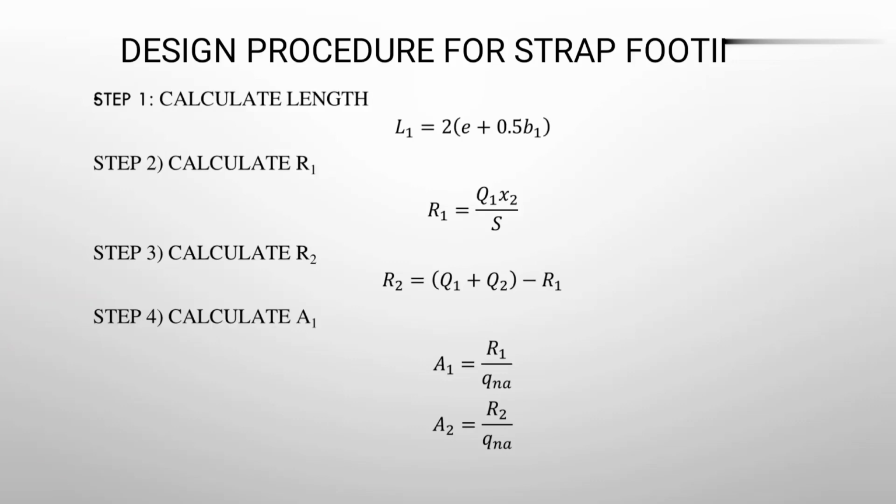Next step is to calculate the reaction R2, that is R2 equal to capital Q1 plus capital Q2 minus R1. Next step is to calculate the area. So A1 equal to R1 divided by QNA. Similarly, A2 equal to R2 divided by QNA.